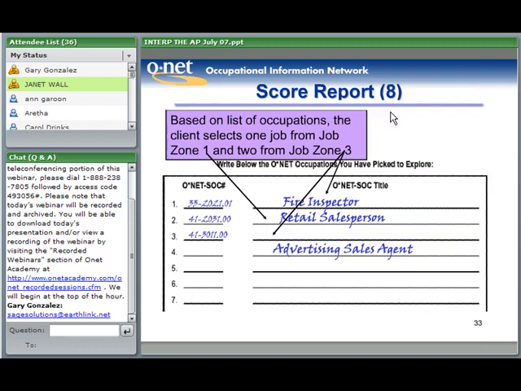All right, so the person has taken a look at the 5 listings of occupations, and they've selected a few occupations to explore further. 1 is from Job Zone 1, and 2 are from Job Zone 3. But they could look at all of the occupations that come on their list, or 1 from each of the job zones, up to them. This is now the point where they're actually doing career exploration.